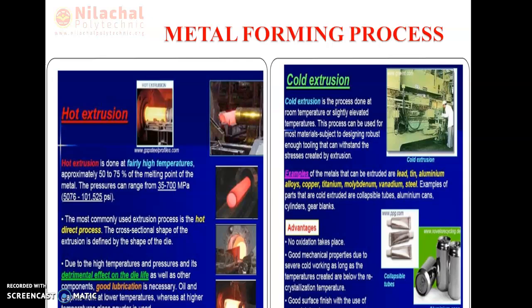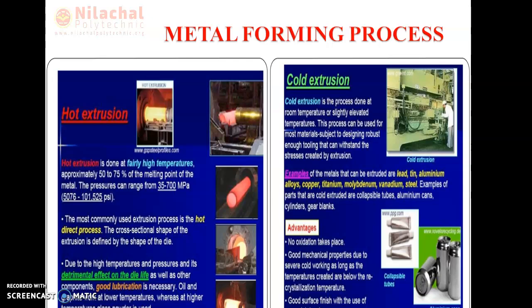First of all we discuss hot extrusion. Hot extrusion is done at fairly high temperature, approximately 50 to 75% of the melting point of the metal.